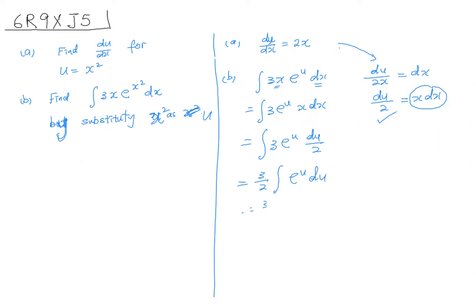So 3 over 2 integrate e, you still get e, correct? Over 1, then plus c. Now you put back your u as x squared. That's it. So that is called integration by substitution.